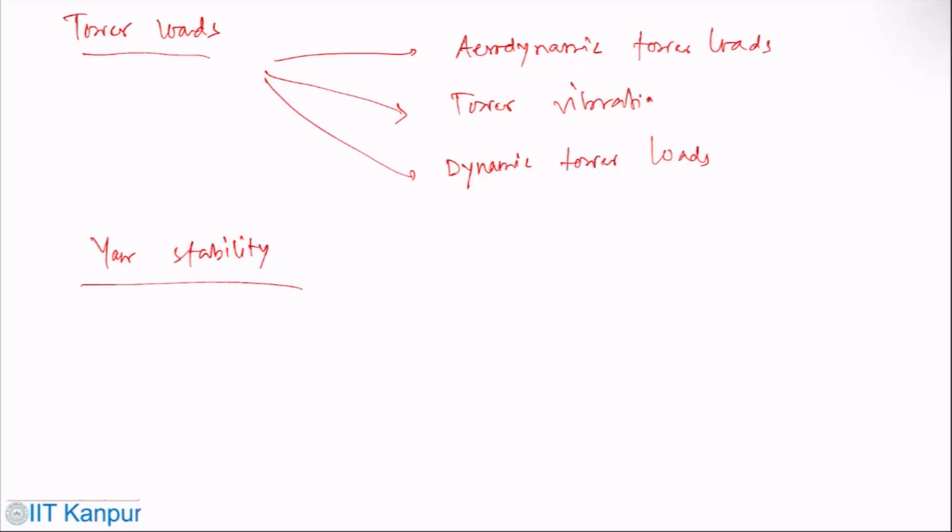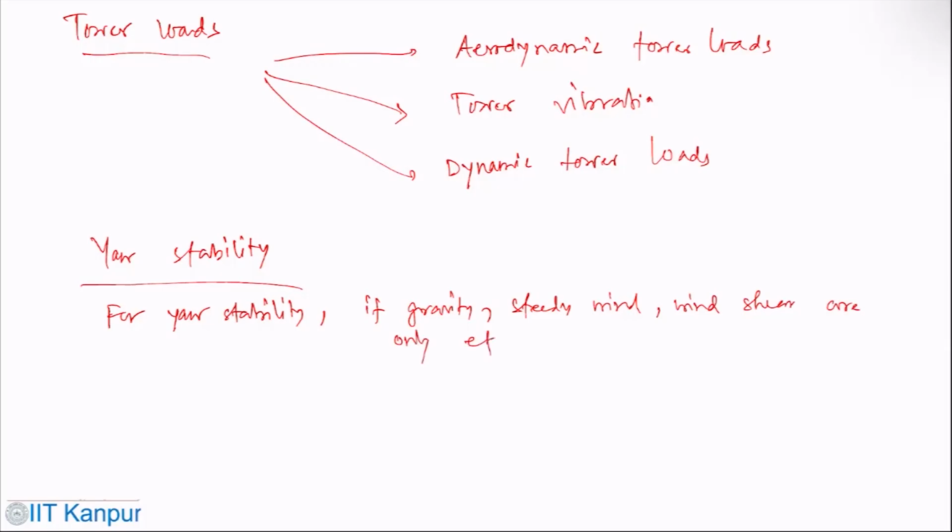For yaw stability, if gravity, steady wind, and wind shear are the only effects considered, then beta 1s is beta 1s ag plus beta 1s nu s.